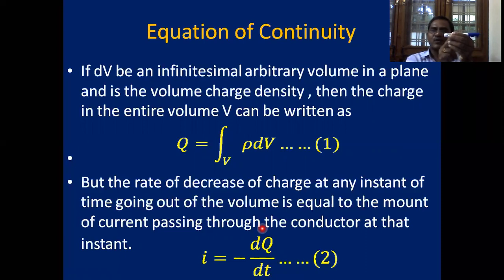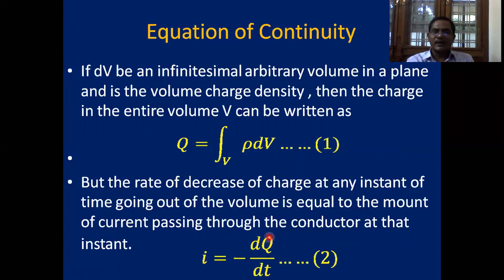Whatever amount of charge entered from the first end, the same amount will leave from the second end. So the rate of decrease of charge from the second end is equal to the amount of current passing through this conductor. We are writing this according to the law of conservation of charge in space.